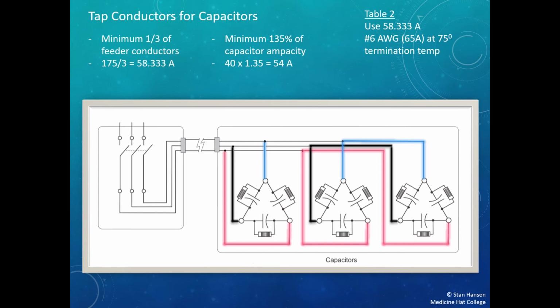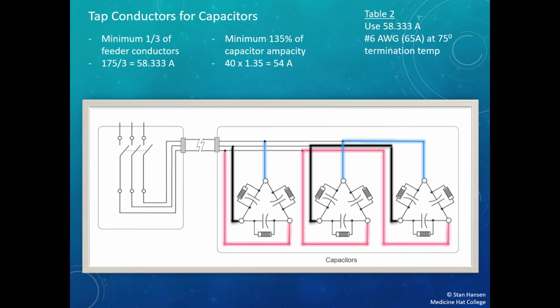And if I look at 26-208 Subrule 2b, it says the conductors complying with Subrule 1 and also have an ampacity not less than 1/3 of the branch circuit conductors from which they are supplied. So I have to look at the ampacity of my feeder conductors, that 2/0 conductor that I had, which is rated at 175 amps. And my tap conductors cannot be any less than 1/3 of the ampacity of that wire. So now here's my either-or.